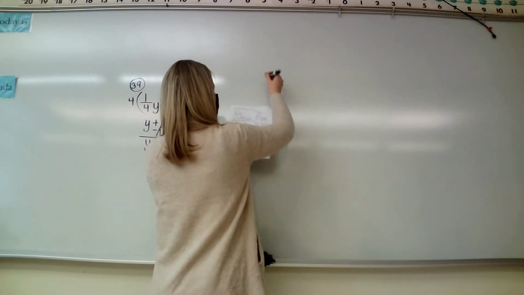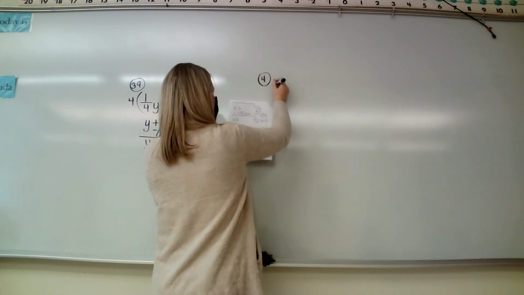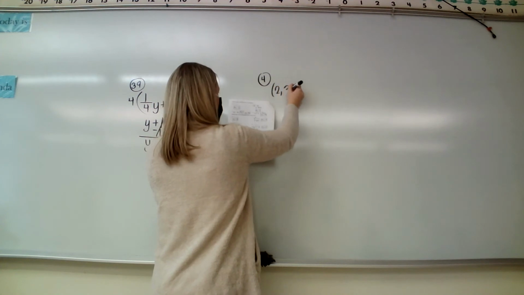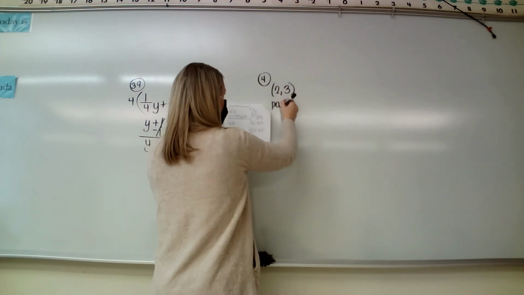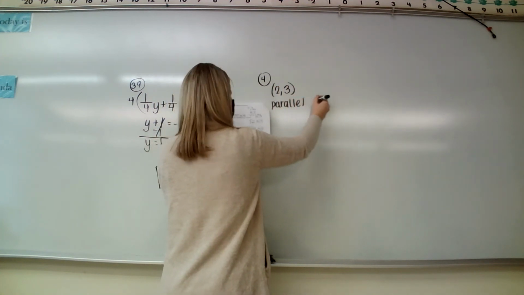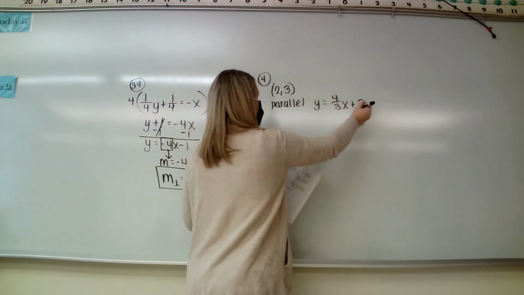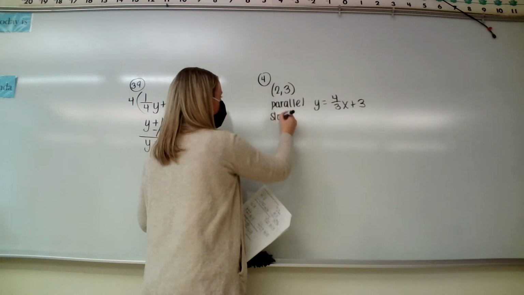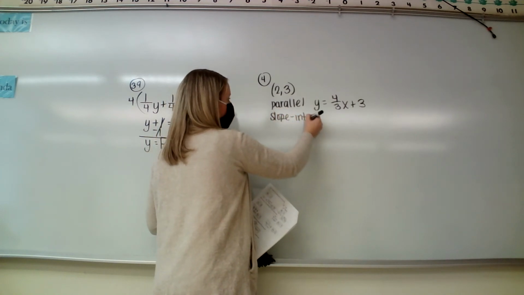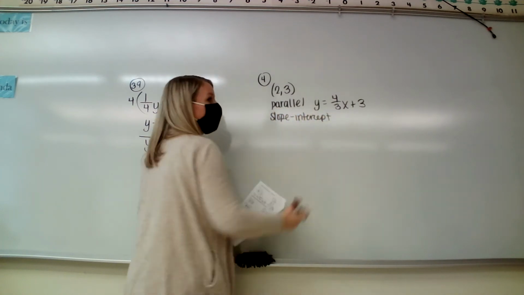Here's a good one. That's kind of bringing a few things together. We have a point. We know it's parallel to an equation. And we want it in slope intercept. This is kind of like what your problems look like tomorrow.